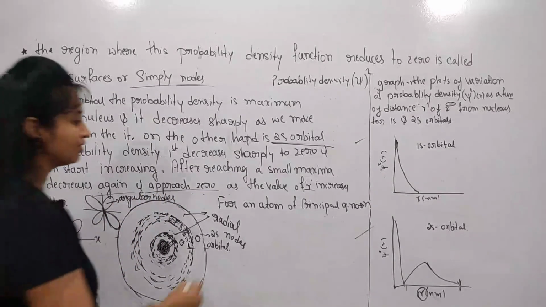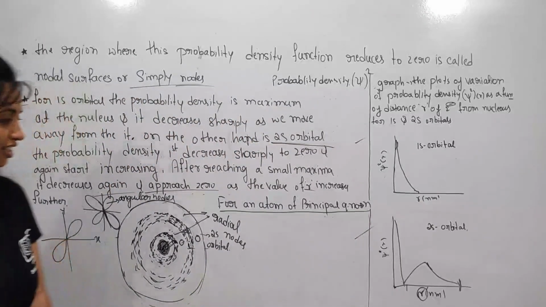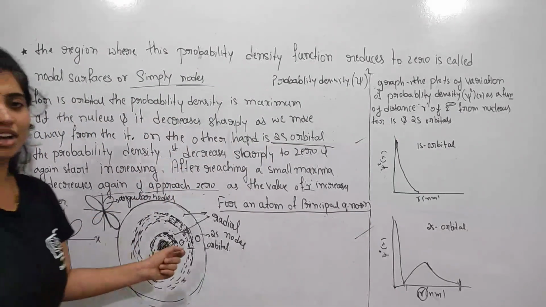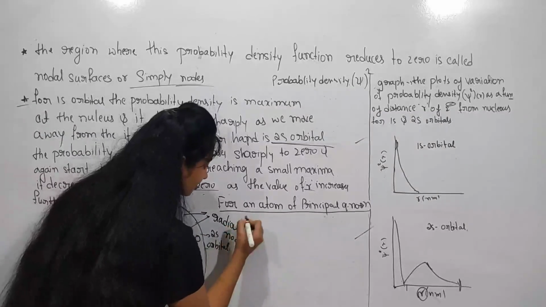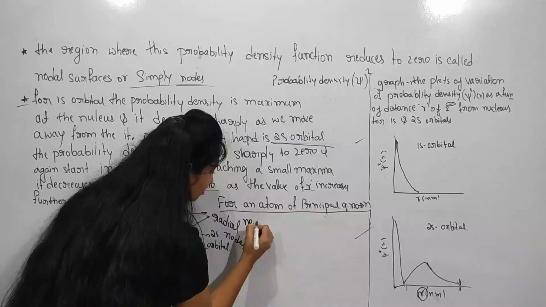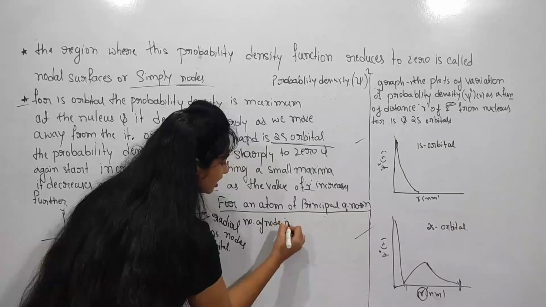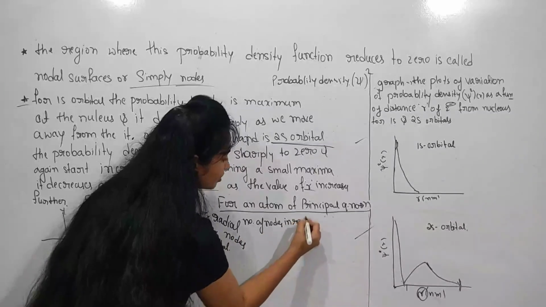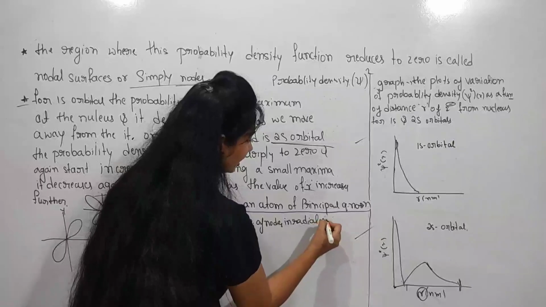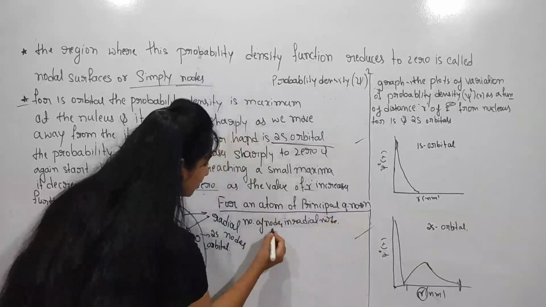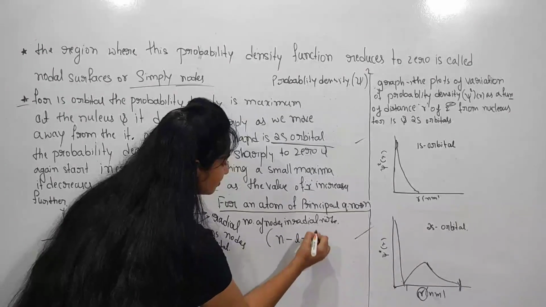For an atom with a principal quantum number, we have to calculate the number of nodes. What is the formula? The number of radial nodes is n minus l minus 1.